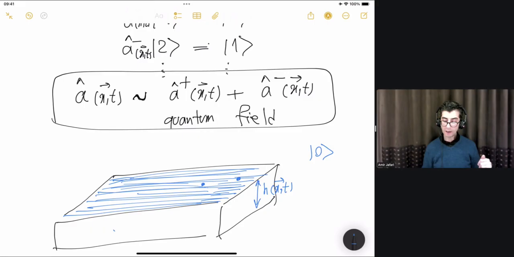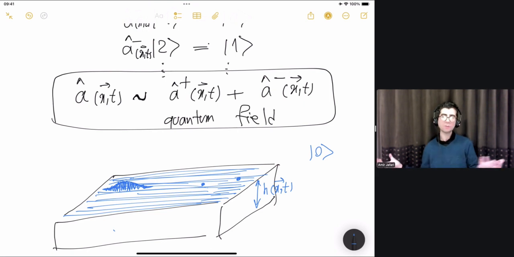So now you say that I have vacuum. So what? Remember, in quantum mechanics, you represent particles, like the electron, for example, using a wave. So if you have a wave like this, a wave packet, a particle can be represented this way.